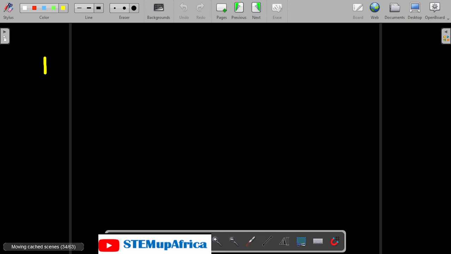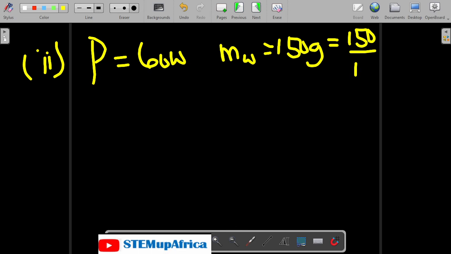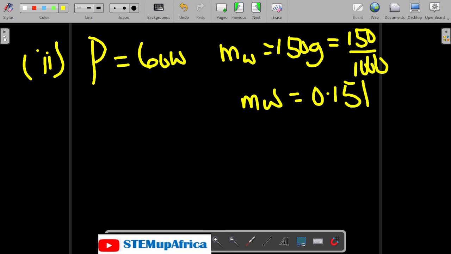So power P is 60 watts. Then the mass of water MW is 150 grams, which I will convert to kilograms, 150 divided by 1000. That will give me 0.15 kilogram.